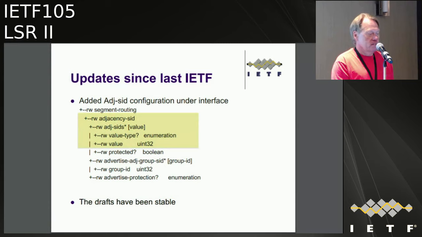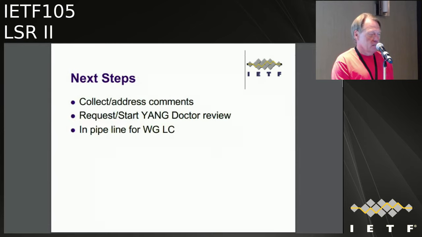They've been added under interface configuration in the base model. And I think we should start the reviews and get going on this base model. As you know, there are some additional Yang models on segment routing for SRv6, so we probably should get this one going.